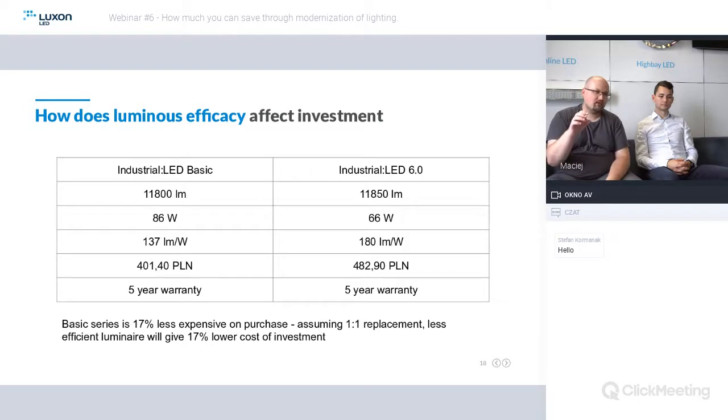Industrial LED 6.0 is our premium series with efficacy of 180 lumens per watt. It is slightly more expensive. Forgive that we use our Polish currency in here.